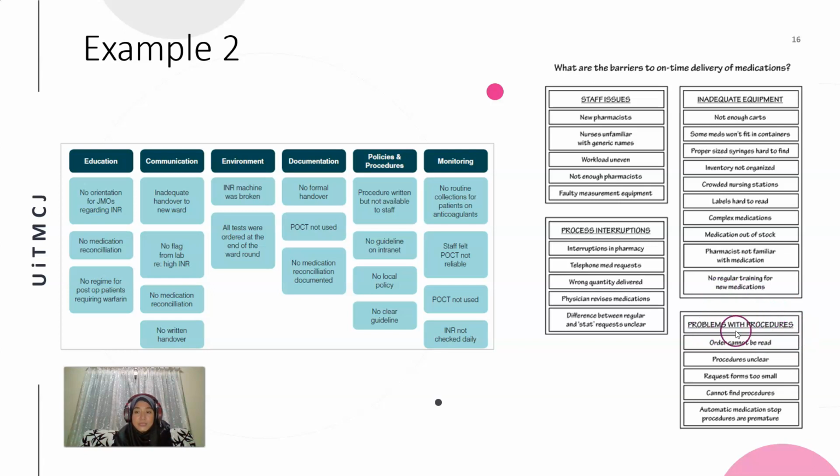What information is suitable to put under the group of problems with procedures? Order cannot be read, procedures unclear, request forms too small, and so on. So this is a class example of how you can use an affinity diagram for grouping or categorizing.